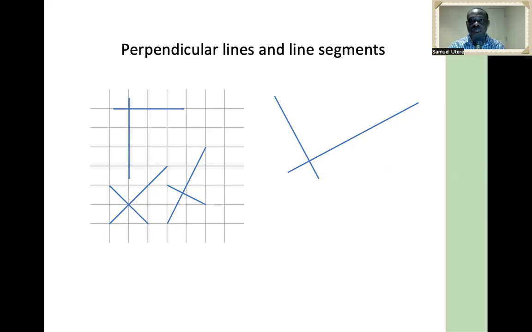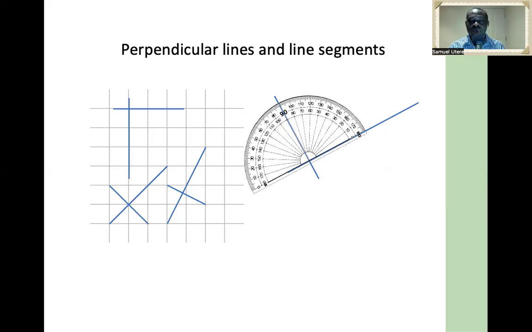So you can use a set square to draw perpendicular lines, or after you've drawn a line segment, you can use a protractor to mark a 90-degree angle and use a straight line to connect them. So like that. You can also see perpendicular lines that are marked like this using this notation.